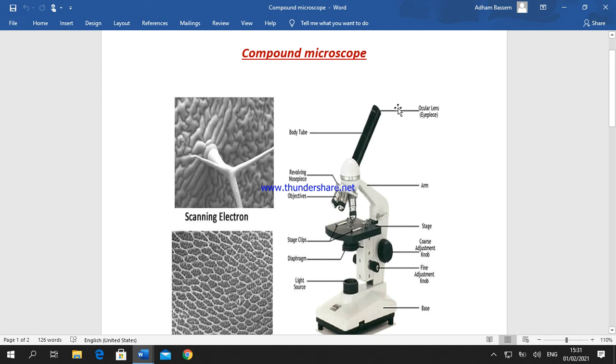Number two, revolving nosepiece, which has three objective lenses. This part is called the arm. And this part is called the stage, which has stage clips. This part is called the adjustment, while this part is a light source that emits light. And this is the base of the microscope.